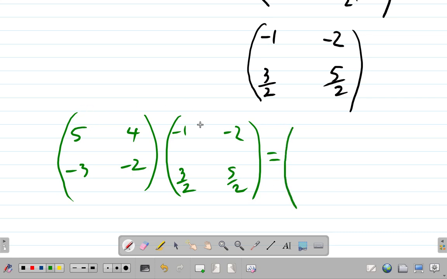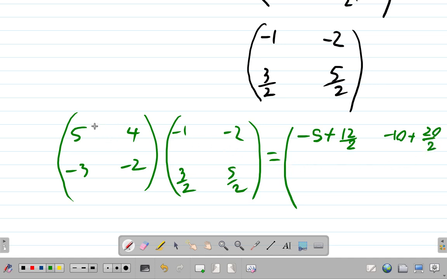5 by negative 1, that is negative 5. 4 by 3 over 2, so it's negative 5 plus 4 by 3 over 2. That's going to be 12 over 2. 5 by negative 2, negative 10. 4 by 5 over 2 is plus 20 over 2.